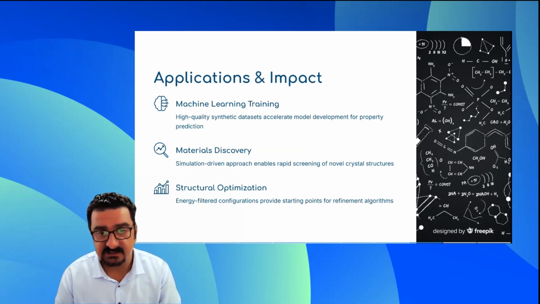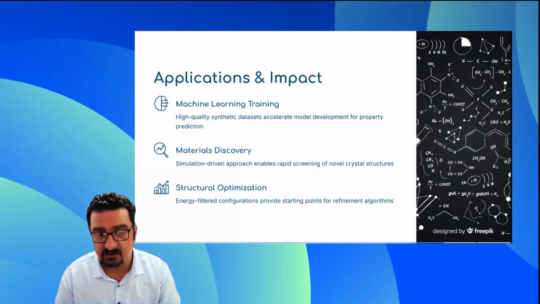Second, materials discovery. Our simulation-driven approach enables rapid screening of novel crystal structures. Instead of relying solely on experimental data, researchers can explore a wide range of configurations computationally, significantly speeding up the discovery process. Third, structural optimization. The energy-filtered configurations generated by the Metropolis algorithm serve as excellent starting points.